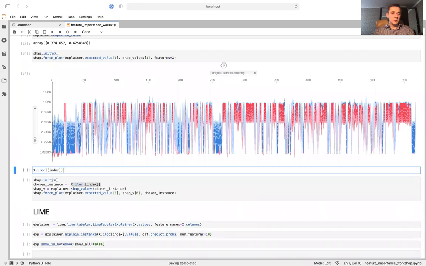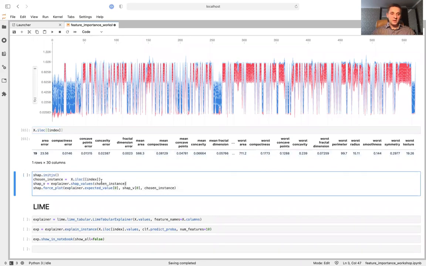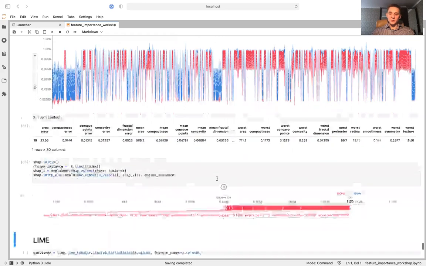So if you take a look, this is index 19. We choose this instance. We choose the Shapley values for this particular instance, and we would like to predict the probability of class 1 by showing the explainer expected value, Shapley values of class 1, and we pass the chosen instance into this plot.